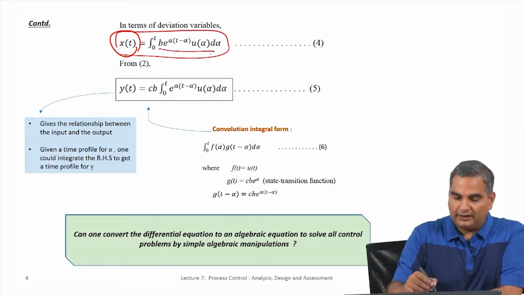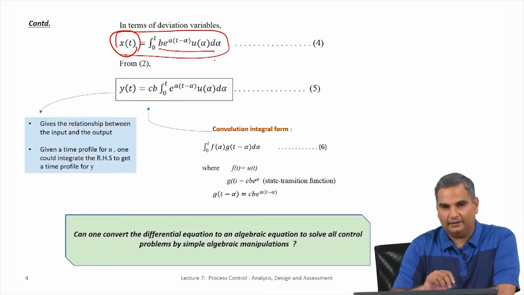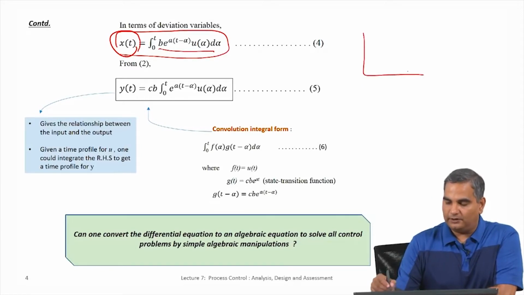Here u of alpha goes from 0 to t. So, you need to know how the input behaved from the beginning, the initial state, all the way up to time t.